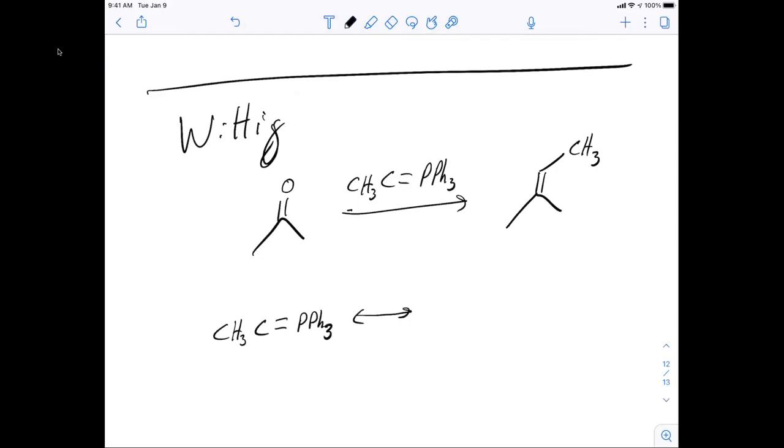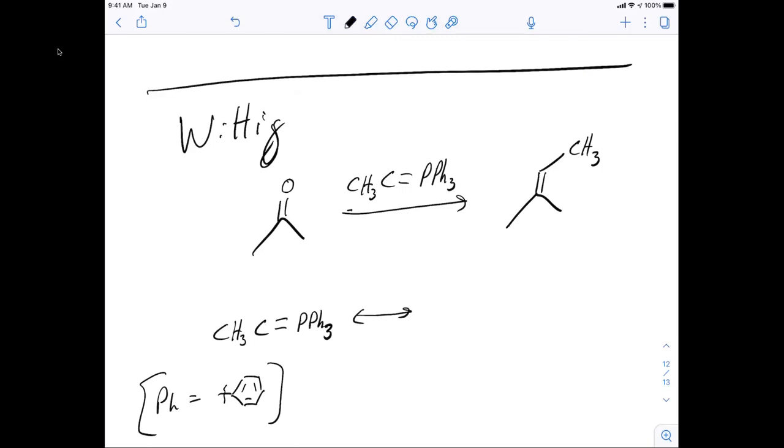Now the Ph here is the phenyl group. Right, so that Ph is the phenyl. So think about that phosphorus having three benzene rings around it.